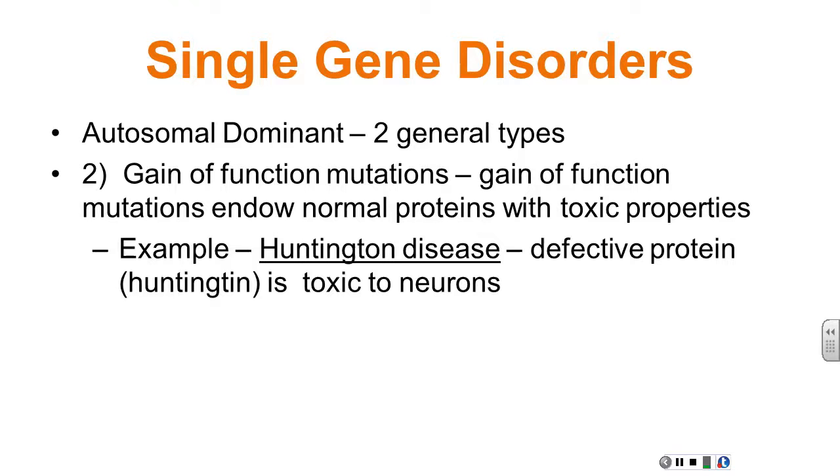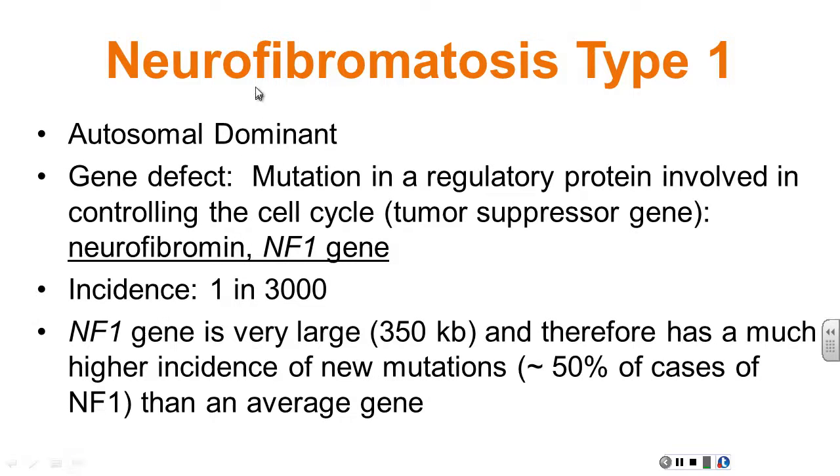It precipitates out of the cell or within the cell, and that precipitation of this abnormal protein ends up killing the cell, and it destroys neurons. So in that case, you only needed one copy in order to cause some type of effect. Okay, so we're going to look at a couple of autosomal dominant diseases.